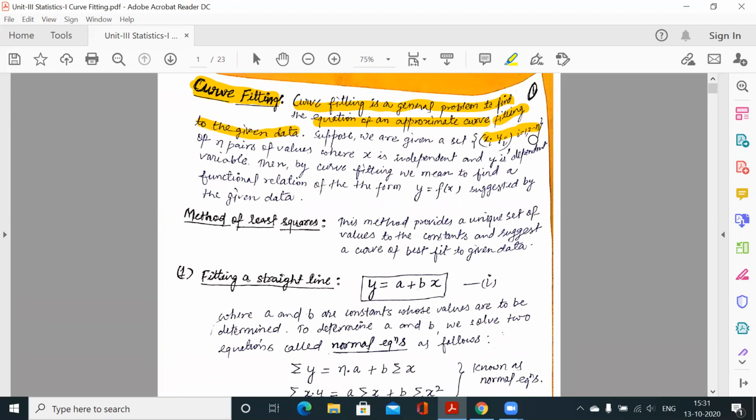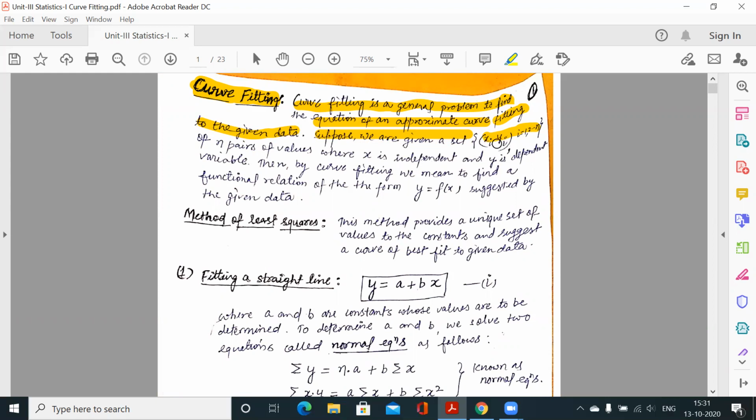Data is the x values and the y values, the set of values given to us. Suppose we are given a set (xi, yi), i equal to 1 to n: x1 y1, x2 y2, x3 y3, up to xn yn.